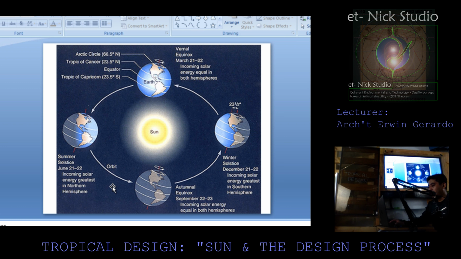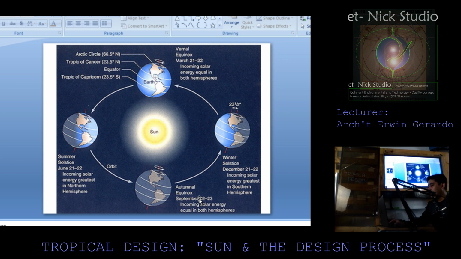Incoming solar energy is the greatest in northern hemisphere. While during autumnal equinox, the month is September 22 to September 23, incoming solar energy equal in both hemispheres.